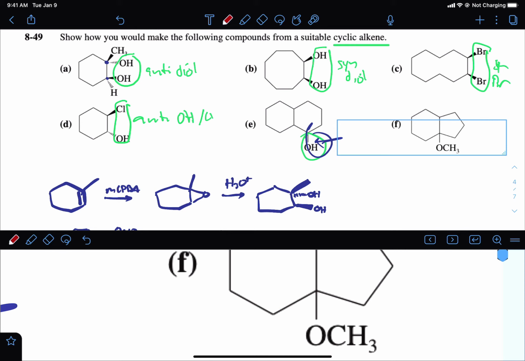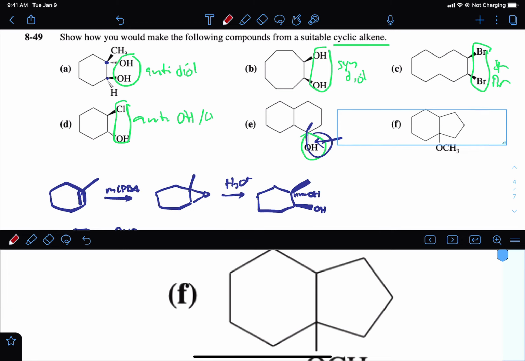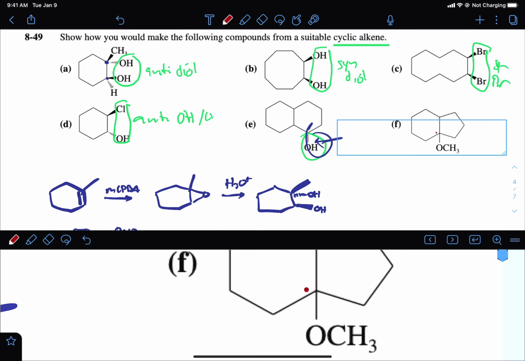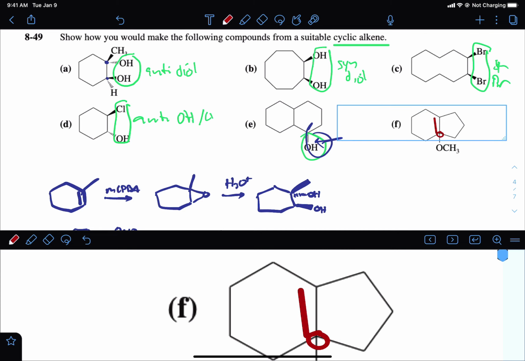If we have the double bond here, it's the Markovnikov position. If we have the double bond here, then it's not. Now we've got a symmetrical double bond. See that?